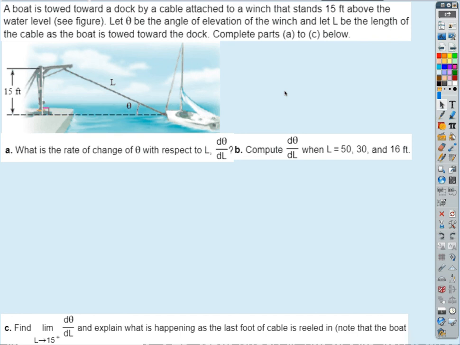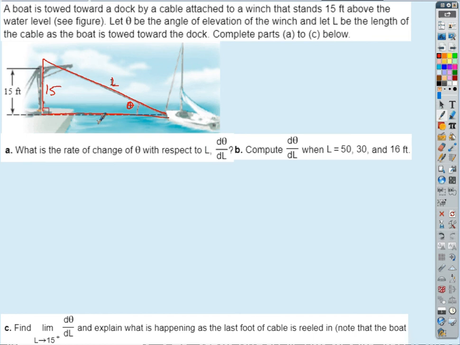Okay, so this triangle, and we really don't need the complicated picture up here. All we really need is just that triangle, right? There's our variable theta, there's our variable L, and that's a 15. Now this quantity down here would be a variable, wouldn't it? I'm not going to write it though because I don't care about it. I don't write it unless I need it, right? That's not what we're being asked to find.